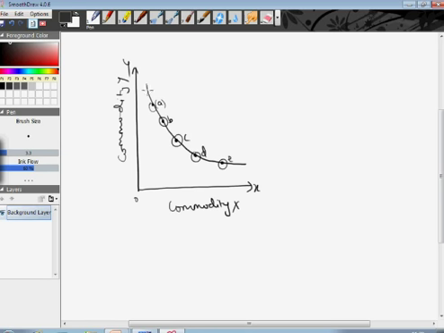So this is how the consumer's behavior is analyzed under the ordinal utility approach with the help of indifference curve analysis.